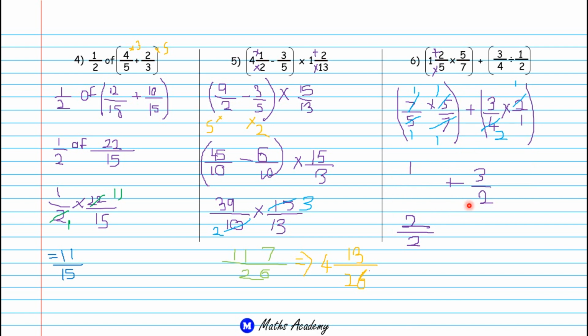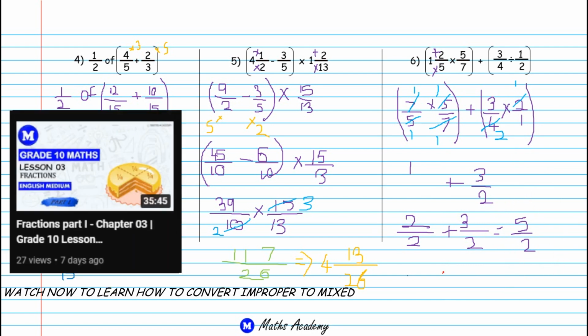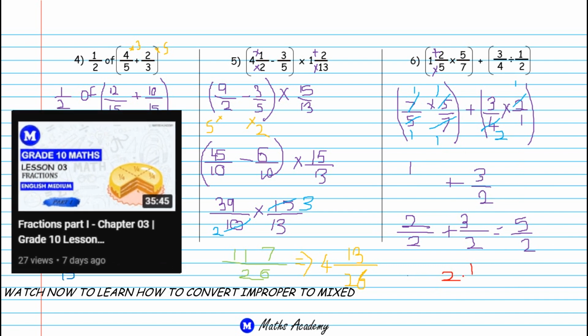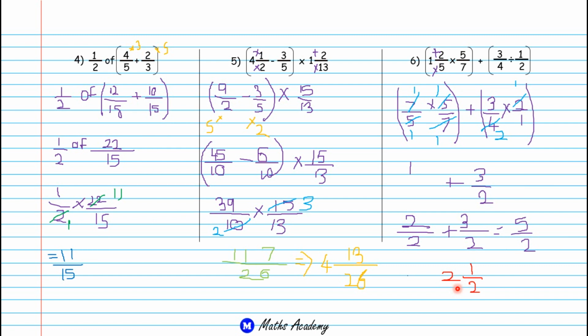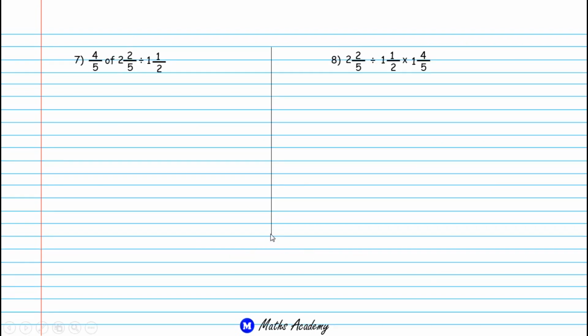This 1 depends on the denominator. Since this is an improper fraction, you should convert this to a mixed fraction. So I hope you have understood how to simplify the fractions. With that, let's move on to the next set of calculations.